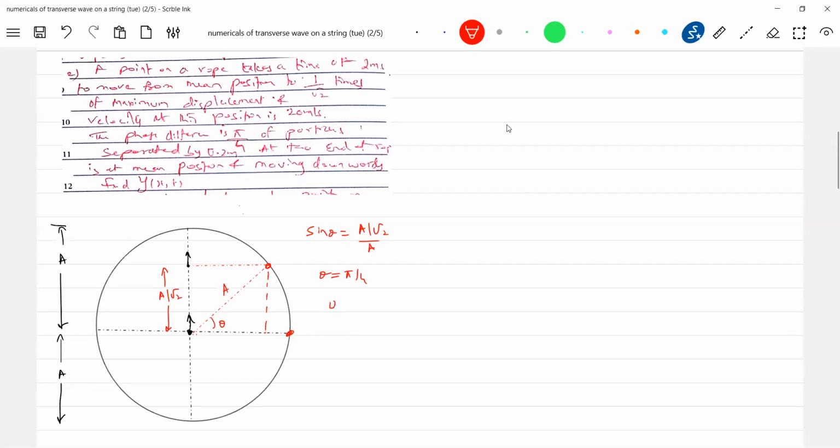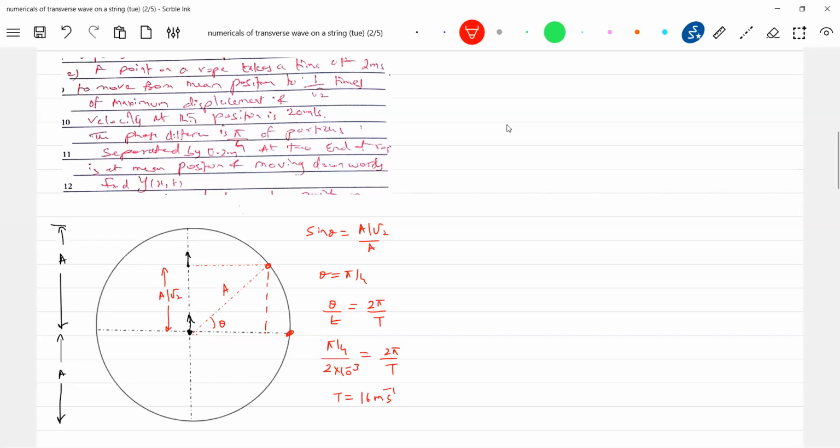Then for angular displacement of theta, it will take time t. For an angular displacement of 2 pi radian, it will take time T. So this will be pi by 4, 2 into 10 to the power of minus 3, 2 pi by T. I think 16 milliseconds.